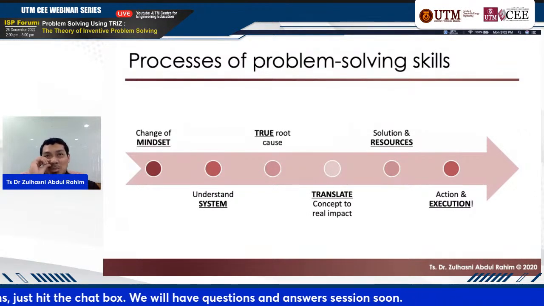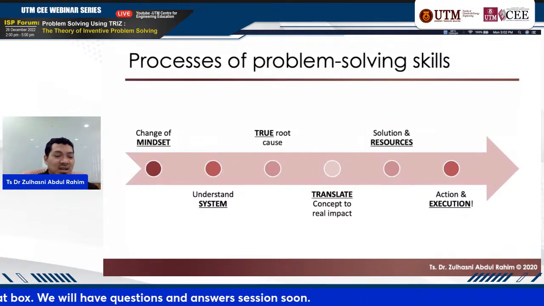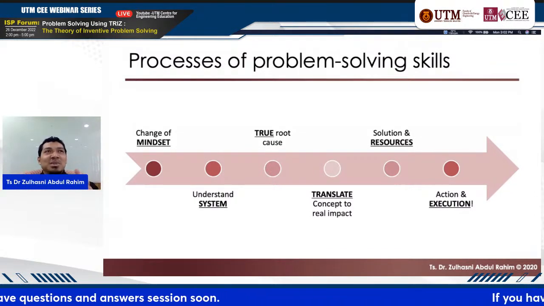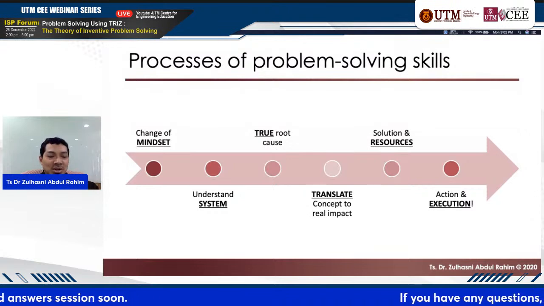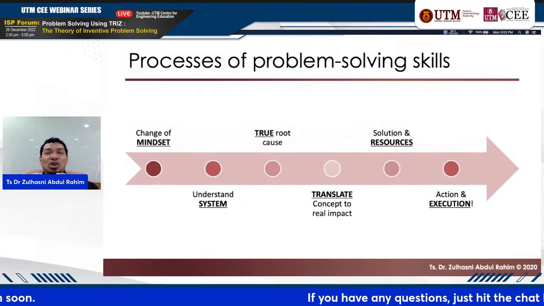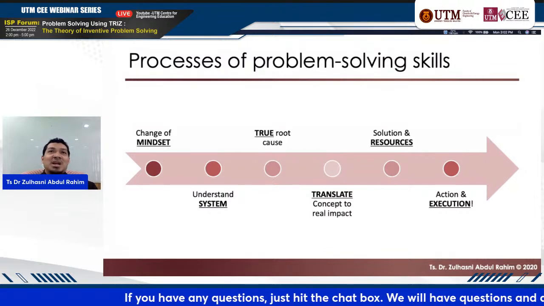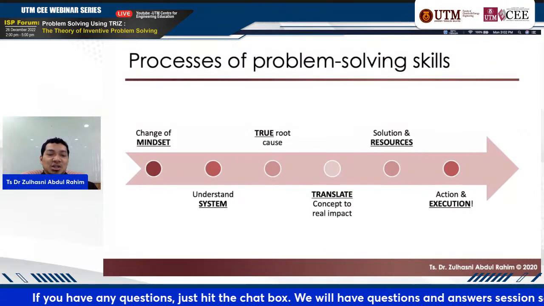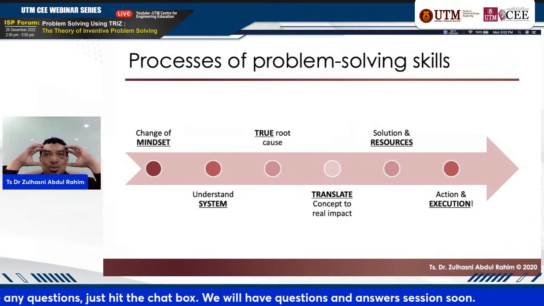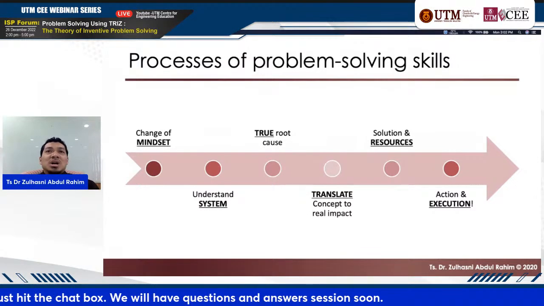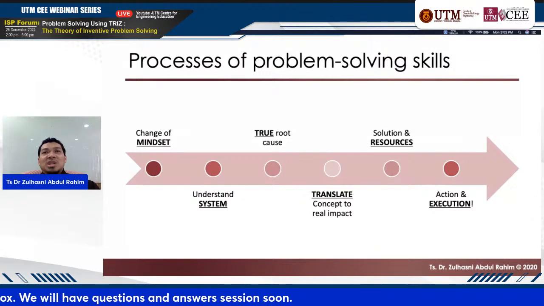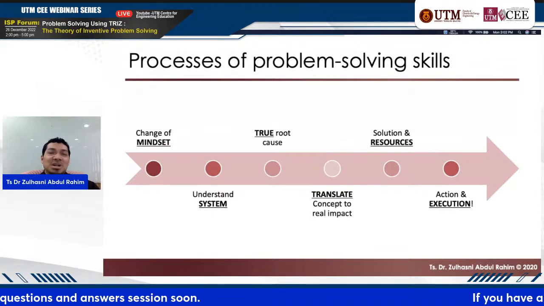So by having a change of mindset and a system-based approach, we are able to find the true root cause easily and faster. And then the fourth one is actually to try to convert our ideas into something that is workable, implementable, and practical.